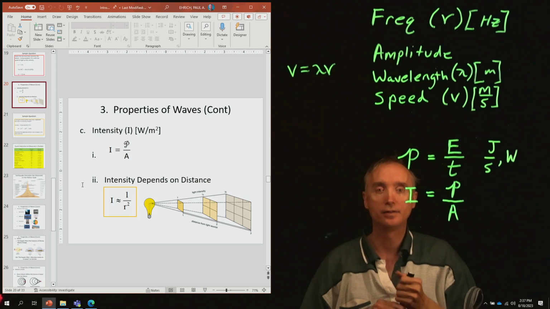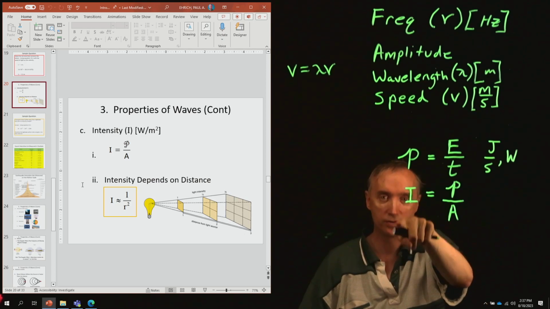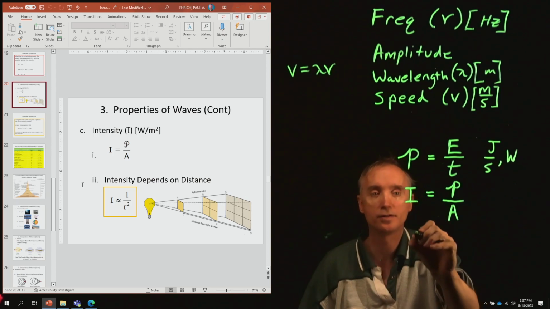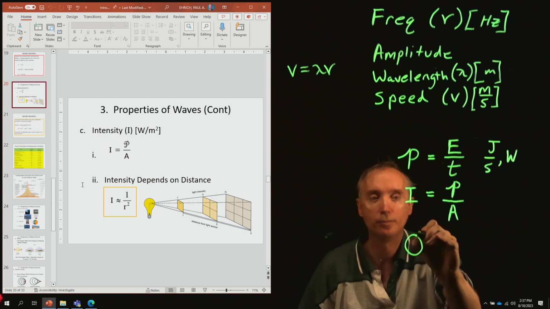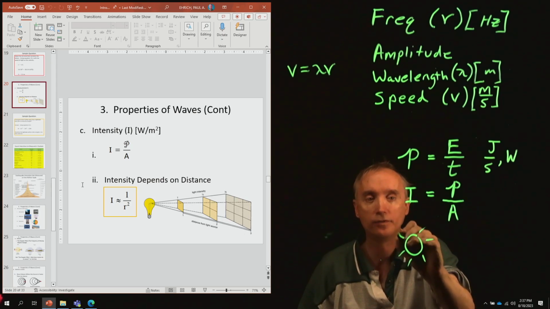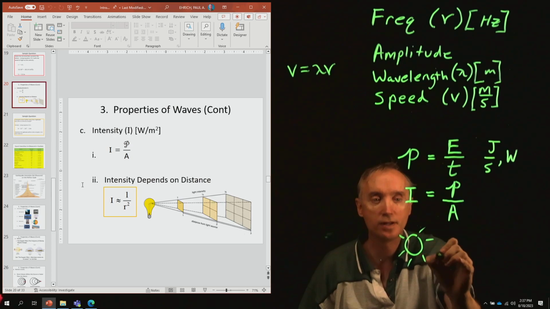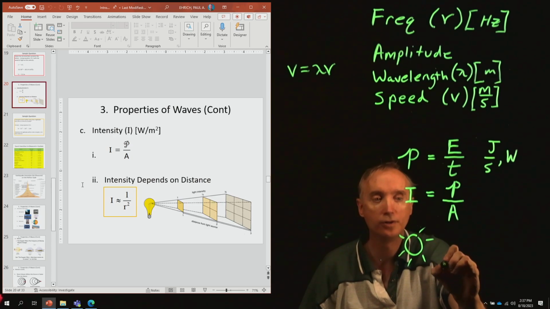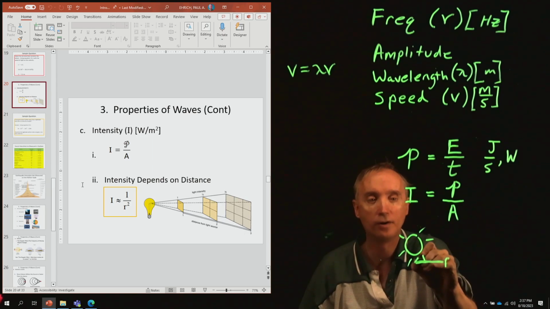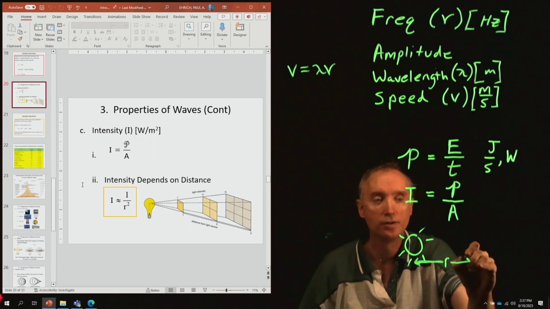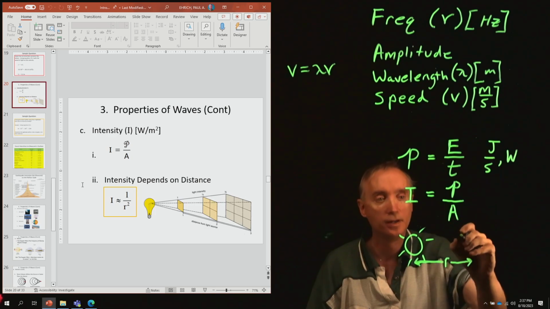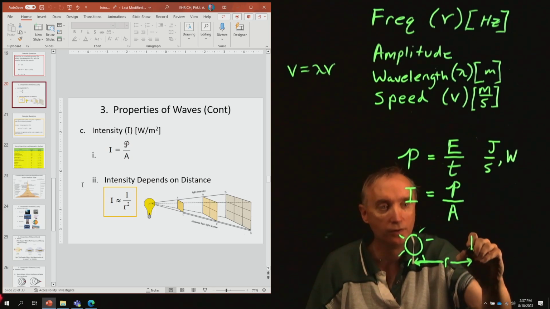So in this picture that is down below, let's take a look at this, where we've got a light bulb that is giving off light. Now let's pretend that we are located a distance r away from the light bulb. So if we're right here, let's pretend that we've got a window.